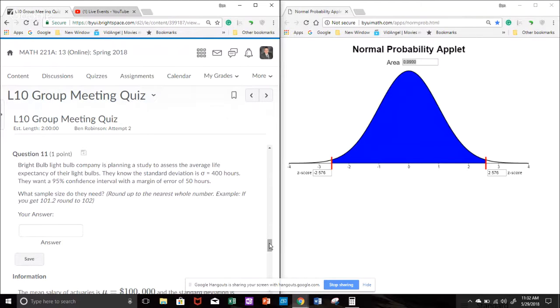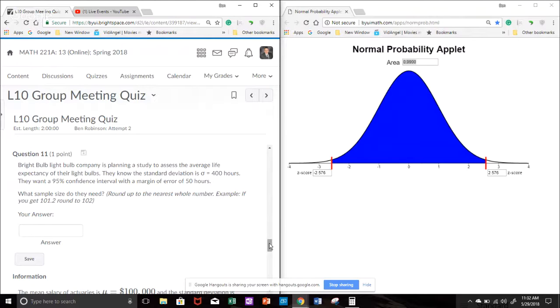All right, and then I'm up. It says Bright Bulb Light Company is planning a study to assess the average life expectancy of their light bulbs. They know the standard deviation is 400 hours. They want a 95% confidence interval with a margin of error of 50 hours. What sample size do they need? Round up to the nearest whole number. So we're looking at our sample size formula.